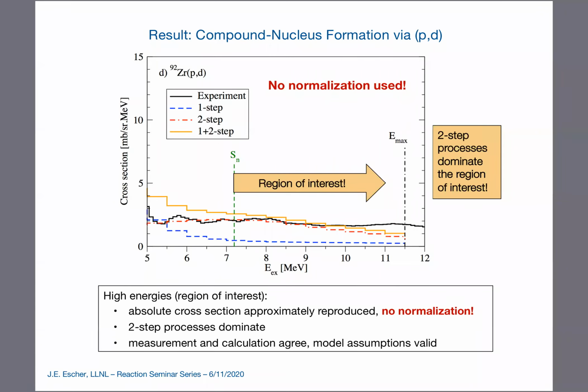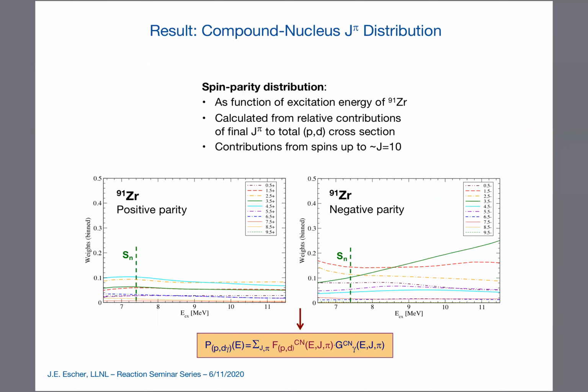What I can also do is look at all the cross sections that are associated with one final spin and parity, and I can add them up this way, and that will give me the relative population of the different spins and parities in the compound nucleus. And this is how that looks. I've plotted this in two different panels because otherwise it gets too busy.